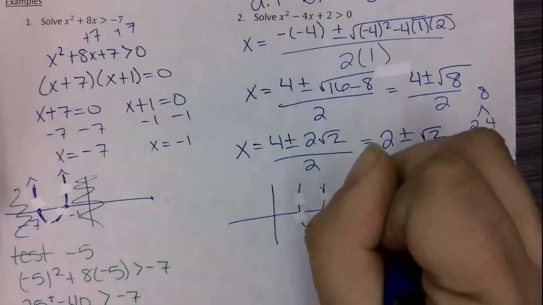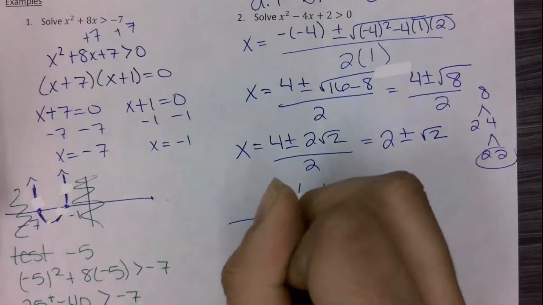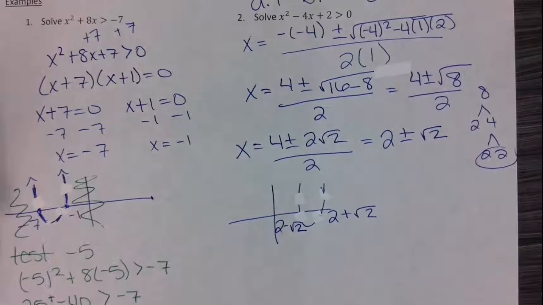Okay, so this side is going to be 2 plus the square root of 2. This side is going to be 2 minus the square root of 2.